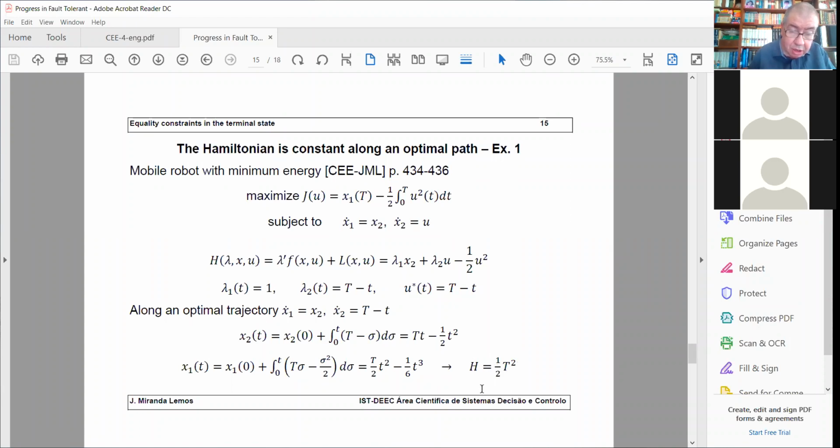So the Hamiltonian is constant. If you plug in the optimal values for x1 and x2, obtained by integrating the state equations with the optimal control, and also the values for lambda 1 and lambda 2 and the optimal u, you get a constant, which is in agreement with what I said.